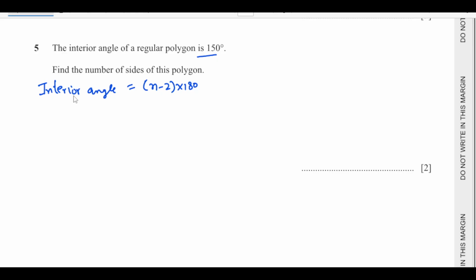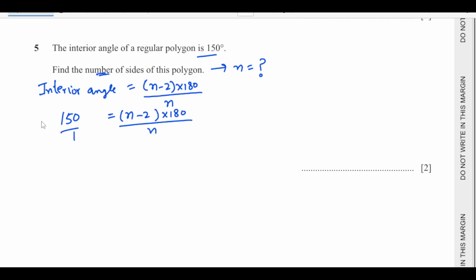This is the sum of the interior angles, and if you divide it by n, that will give you one interior angle, right. We are looking for the number of sides, that means we are looking for n, right. So, interior angle we have 150 equals n, which we do not know, minus 2 into 180 over n.